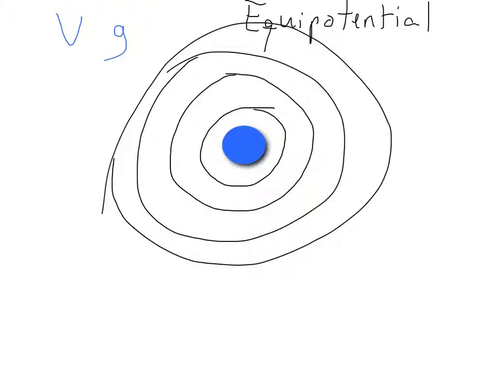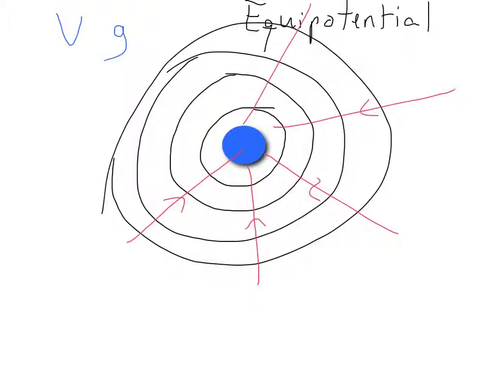So, we have these equipotential lines, and where does the field point? Well, you know that it points this way, right? And the potential actually increases from the center to here, because remember it's negative, but it's much more negative here than here.